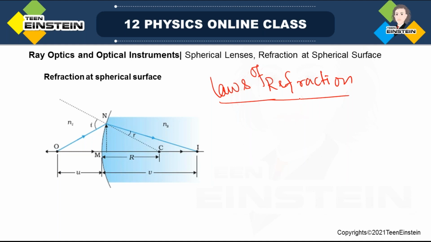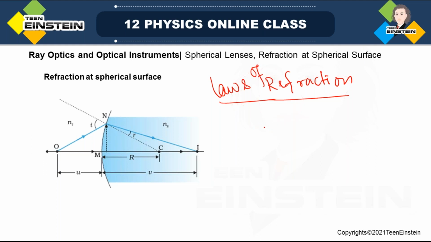Whether the laws of refraction will be applicable at the spherical interface or not. See, we have already discussed in the previous classes, laws of refraction are almost universal. They can be applicable at any kind of surfaces. You might be thinking how it is.